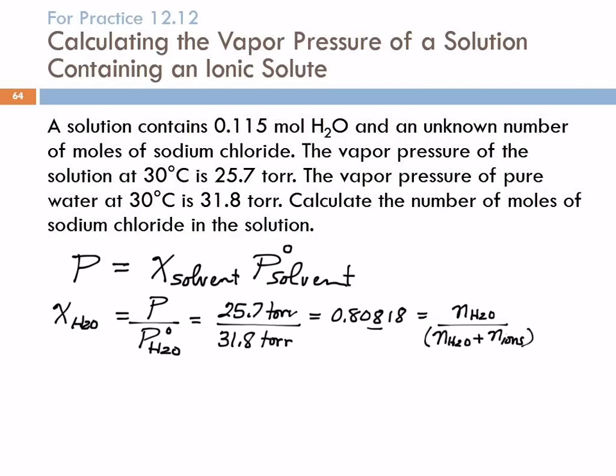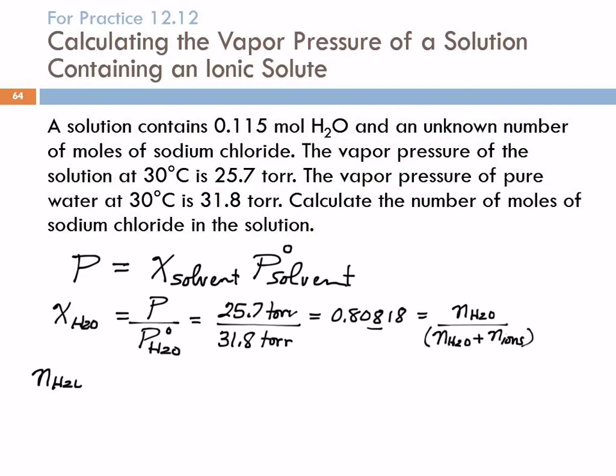So this solution has 0.115 moles of water. So we can put 0.115 moles of water in here for n of H2O, and then we can solve for the number of ions. I'm going to rearrange the equation first because that's what I prefer to do.